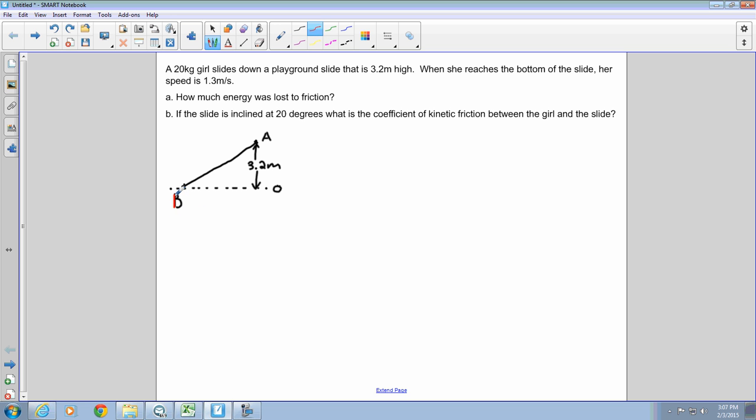Let's make B red. Our velocity at B is going to be equal to 1.3 meters per second. Okay, that's given. That's right there.